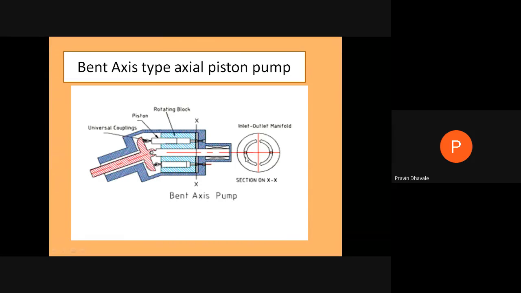Through this manifold, combinedly, we are supplying the fluid from different ports to a single port, and from the outlet manifold to the outlet port. This will be the cut section of this bent axis type piston pump. Have you understood the operation of the bent axis type piston pump?